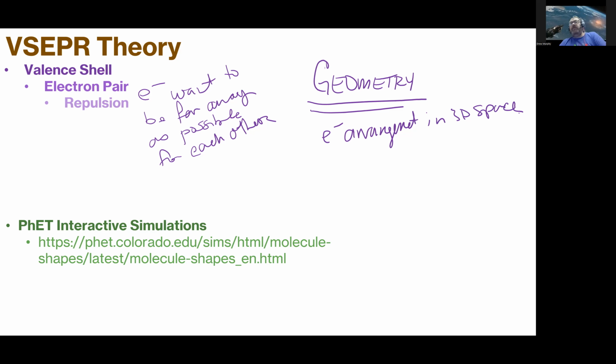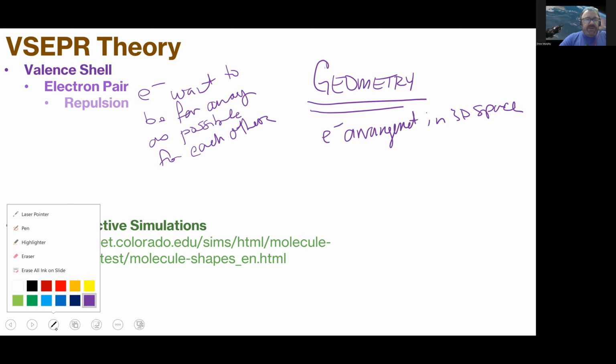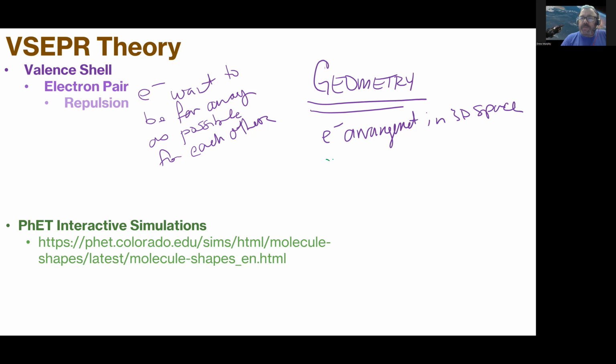You might think this is going to get odd, but really we're only talking about 5 ways that you can arrange your electrons in 3 dimensional space. There are others, but we're going to limit ourselves to 5. The other term we use a lot is shape. Shape is the atom arrangement.